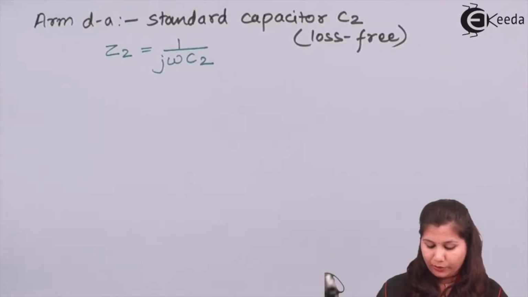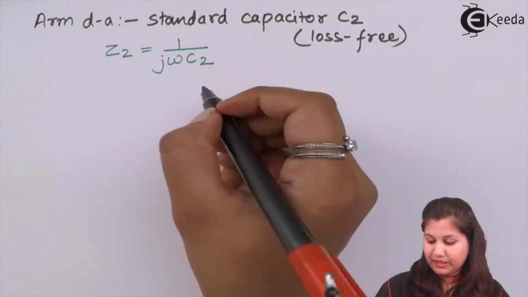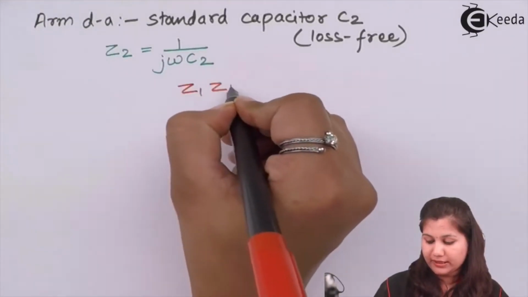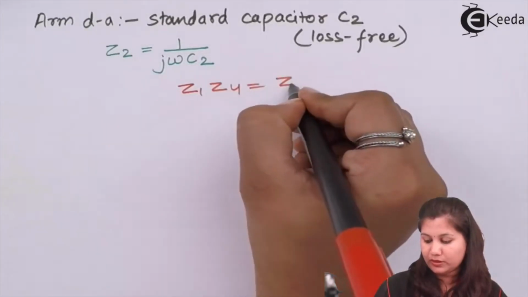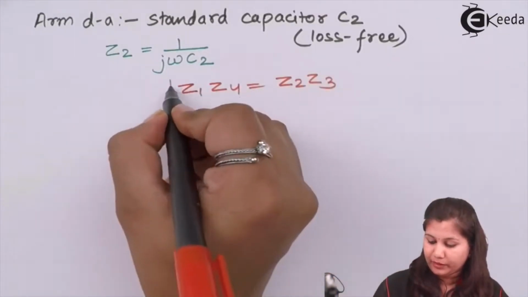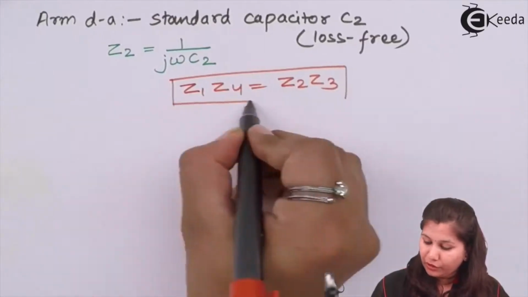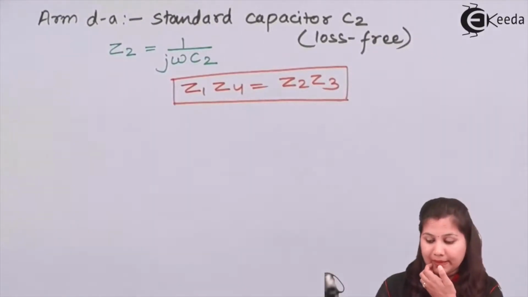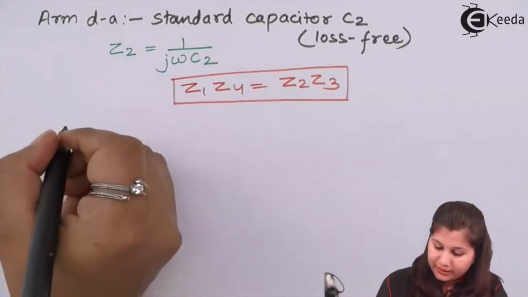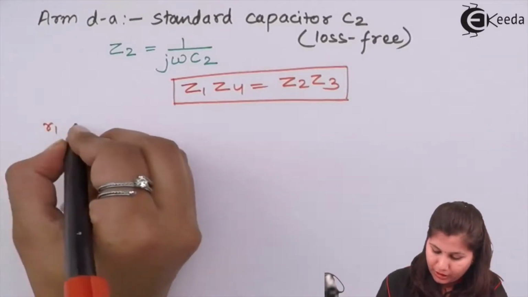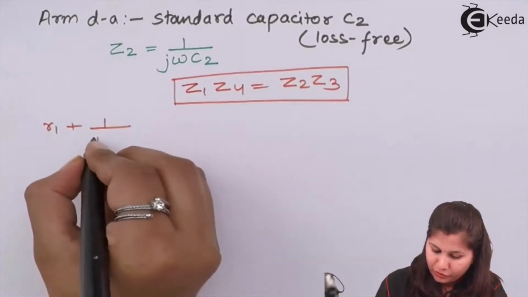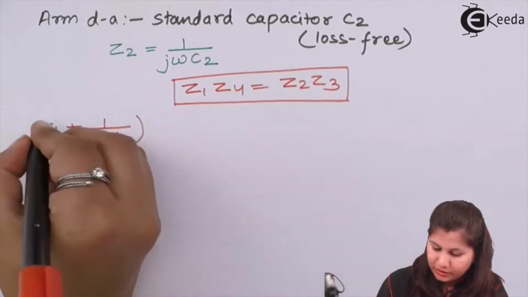Now we are going to put the value of these impedances in our balance equation Z1 Z4 equals Z2 Z3. This is the balance equation for an alternating current bridge. The value of Z1 is small r1 plus 1 upon j omega C1.